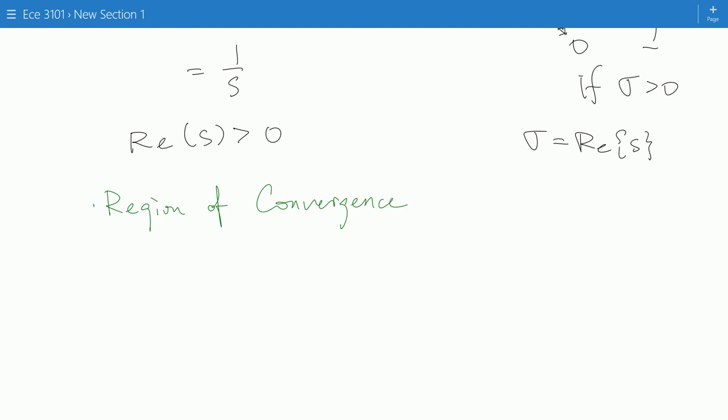But not necessarily do we always have a simple relationship like this. Sometimes we can get a little more complicated, but not dramatic. For instance, instead of looking at the unit step function, we can look at the exponential function, right?